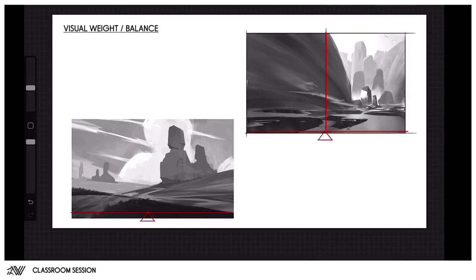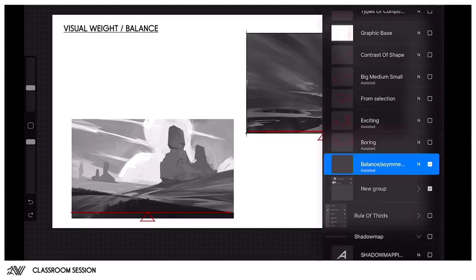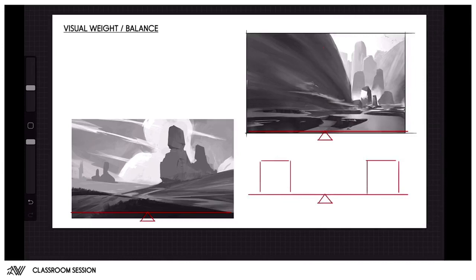And so we need to have a mass on one side and a mass on the other side. The problem, and that's something that I see a lot of beginners do, is that they make a boring division, right? Technically this scale is in balance, because it has two equal weights on each side.